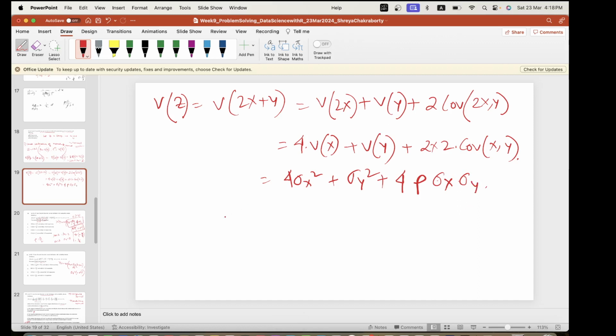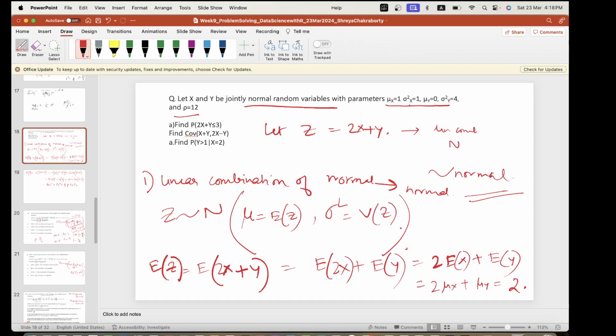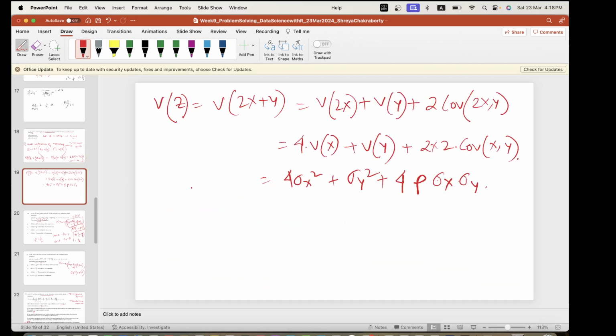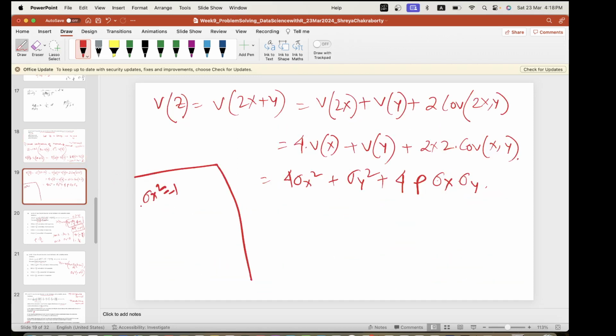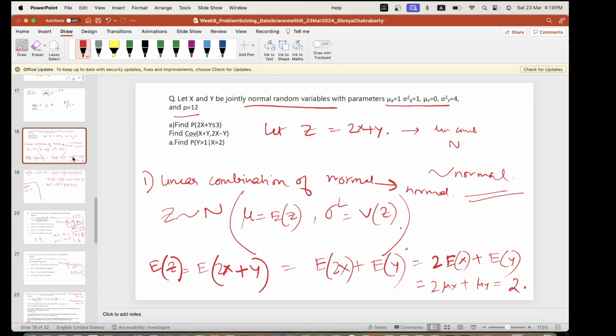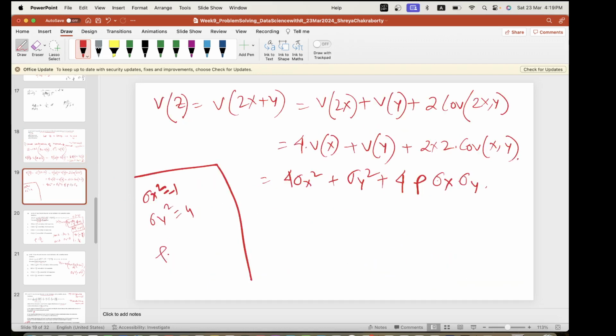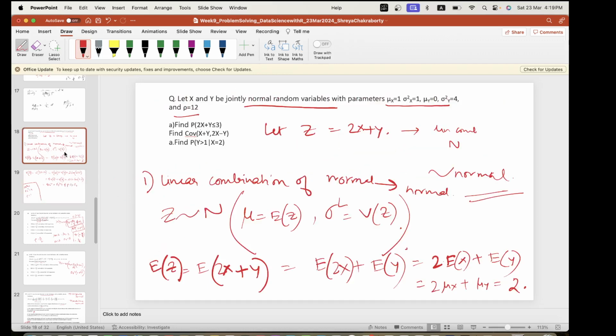We'll just substitute over here. Sigma x square is 1, sigma y square is 4, and rho is 1/2.